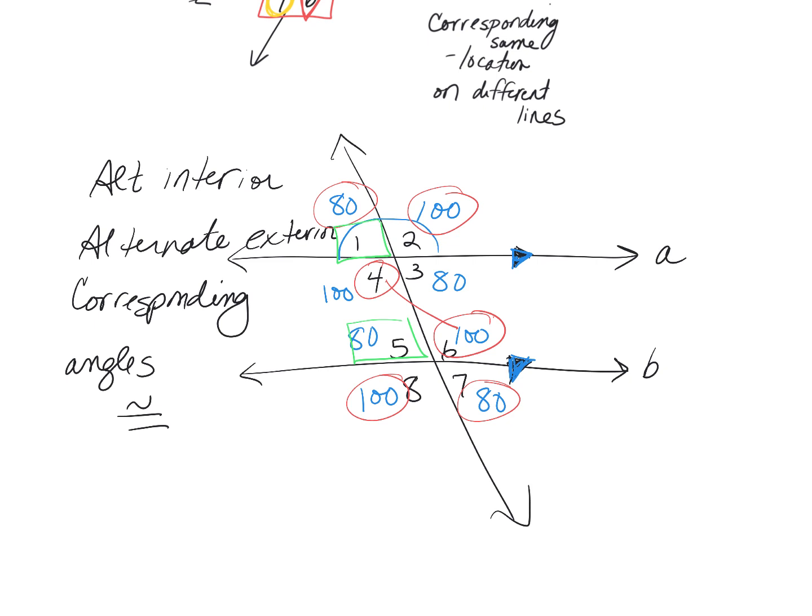The only set or pair of angles that are not congruent are consecutive or same side interior, those will always be supplementary.